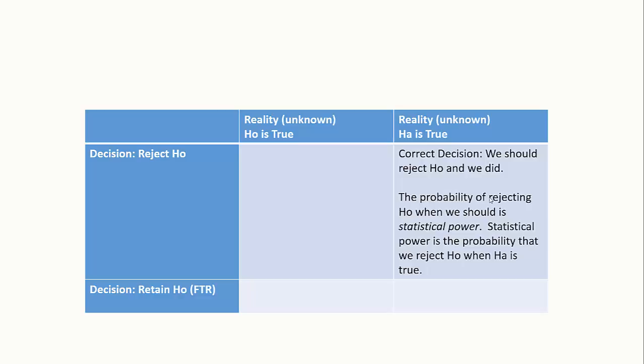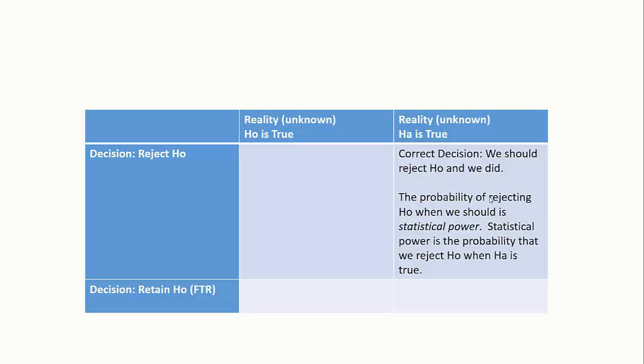I do want to say that before you collect data, it's a good idea to predefine what level of statistical power you need. 0.8 and 0.9, or 80% and 90%, are typical levels.